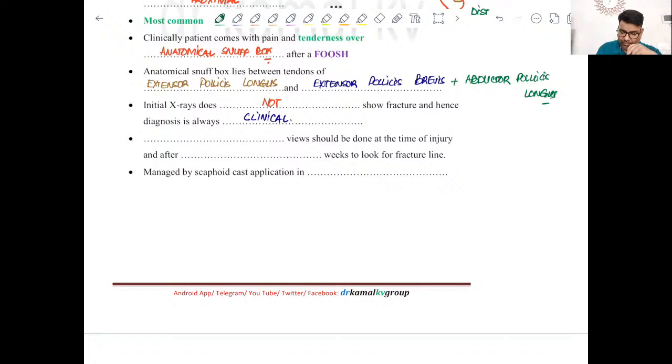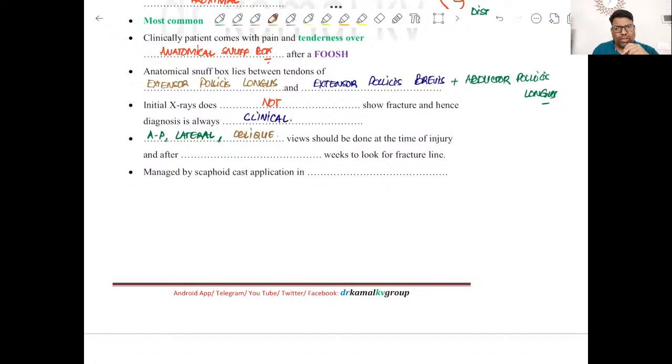So we can take AP and lateral, but here we should include oblique view as well, right? So we can take an anterior-posterior, we can take a lateral view, and especially for scaphoid, do include an oblique view as well.